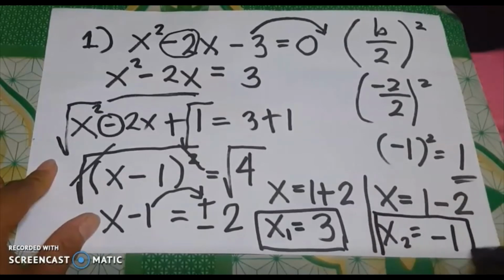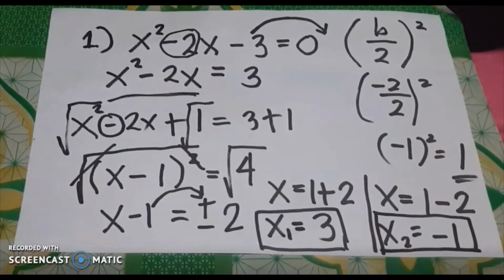So the solutions to the given quadratic equation are 3 and negative 1. So we solved that by using the method na tinatawag natin completing the square. So kung medyo naguguluhan pa kayo, let's try to answer another example.